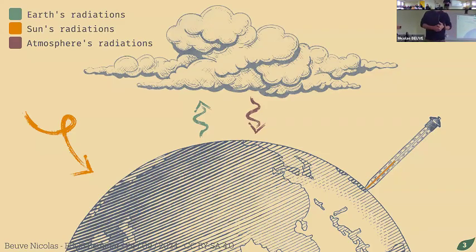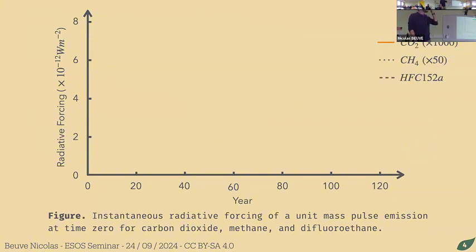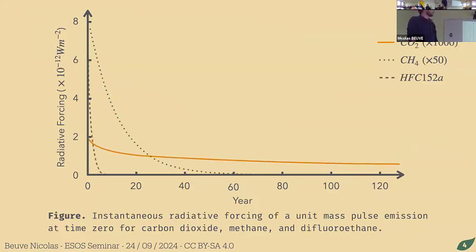And because Earth receives more radiation than it emitted, it has to increase its temperature to be at a balanced state again. The difference between its stable state and the amount of energy it received is called radiative forcing. And here are some examples of radiative forcing of three gases: carbon dioxide, methane, and difluoroethane.